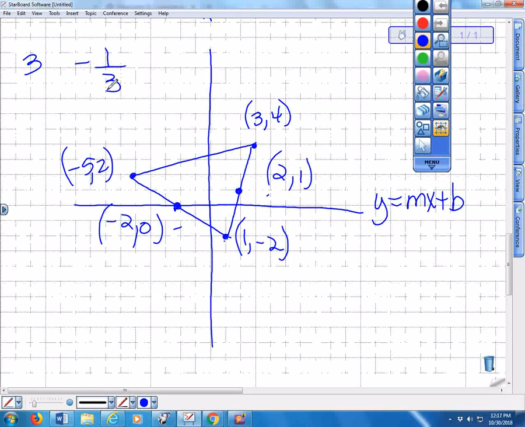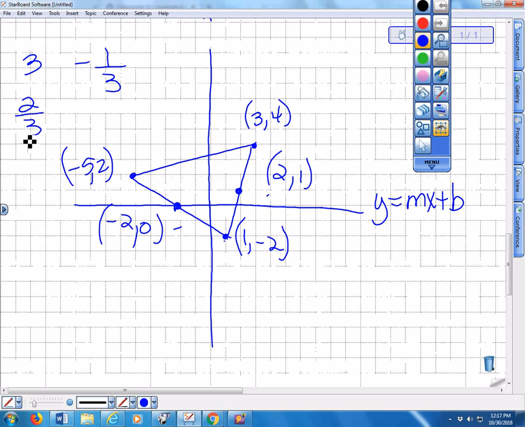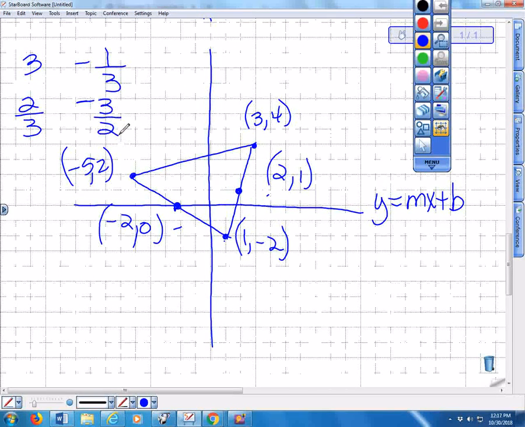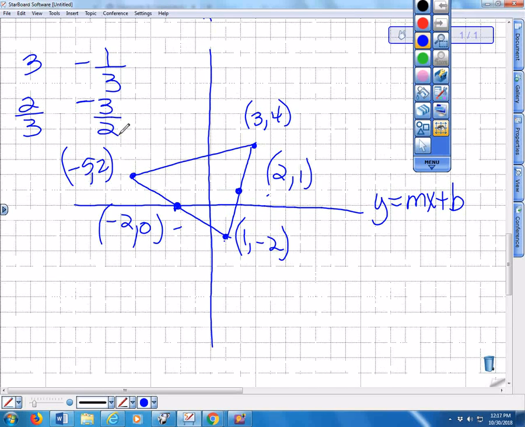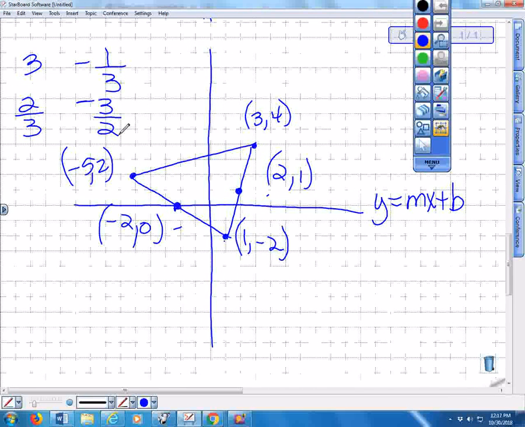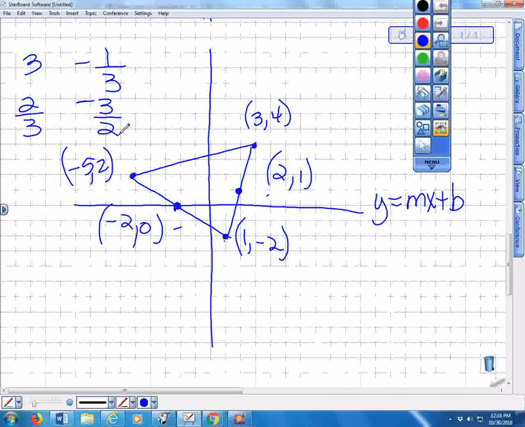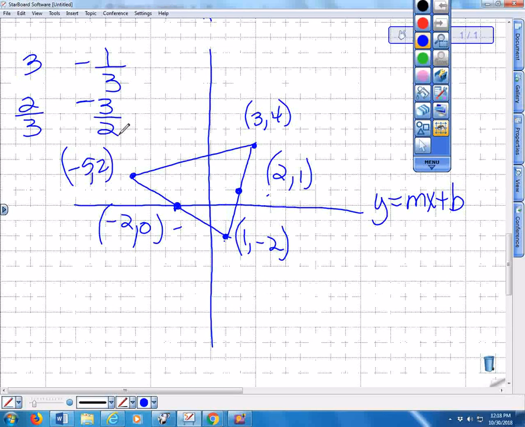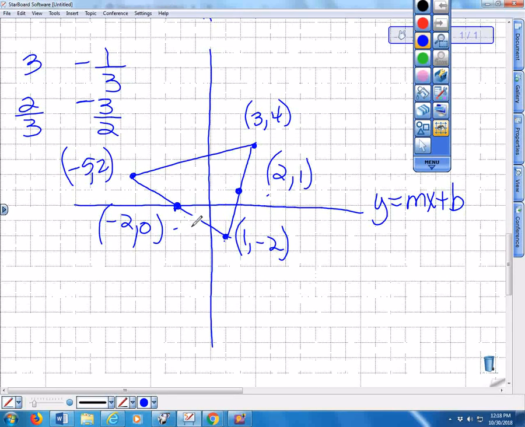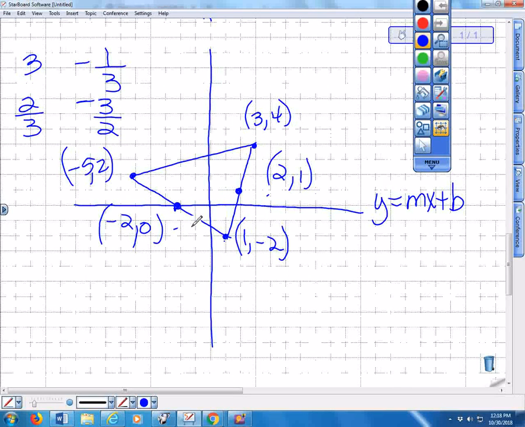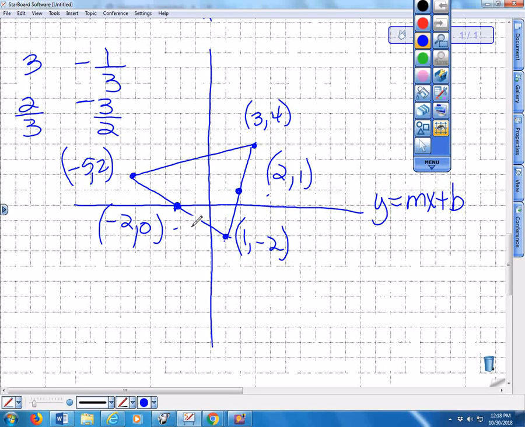If the slope of one line is 2/3, it's -3/2, and so on, right? This should be a review. The slope of a line that's perpendicular to another will have the negative or the opposite inverse slope. Okay, so what I need to do is find the slope of this line, and then I'll just take the opposite inverse of it, and I'll know the slope of the new line. Right? With me still? Okay.